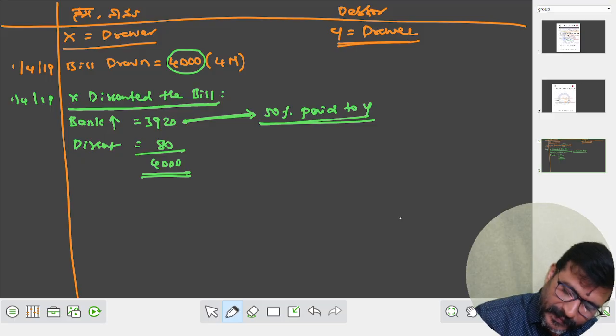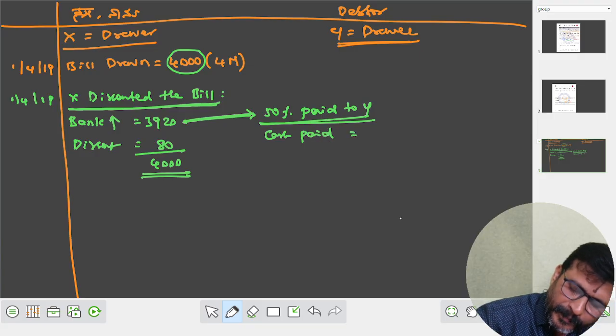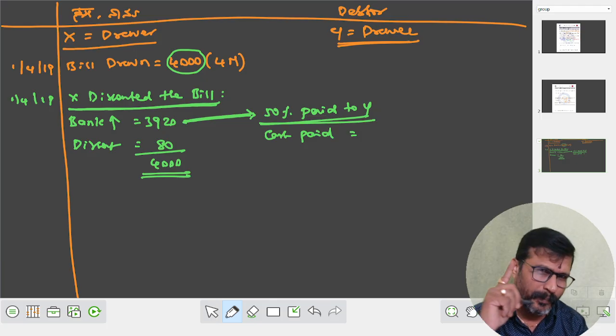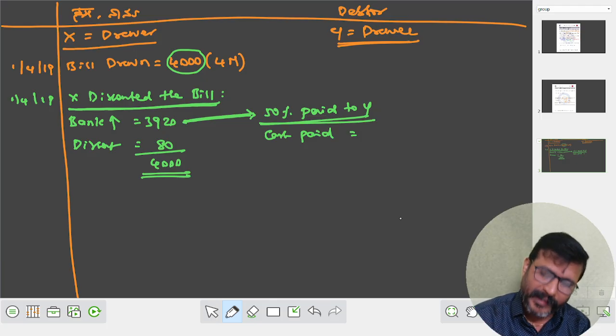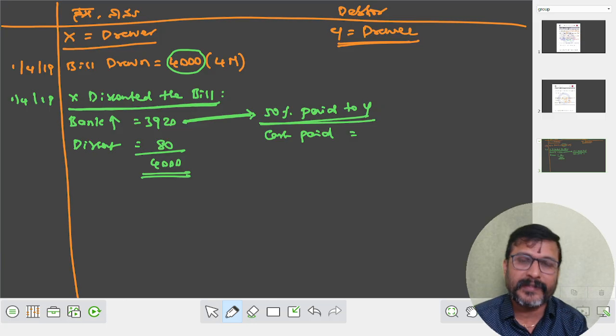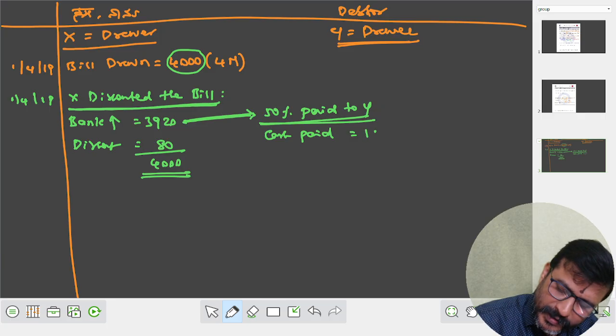For X, we can say cash paid, 50%. Be careful, my dear children. Take 3,920 into 50%.